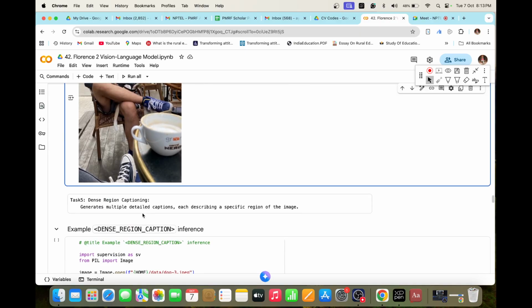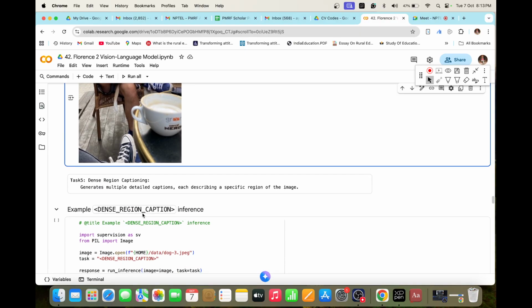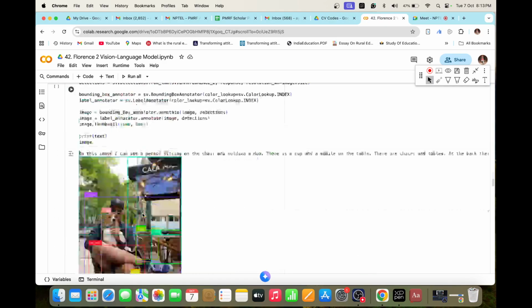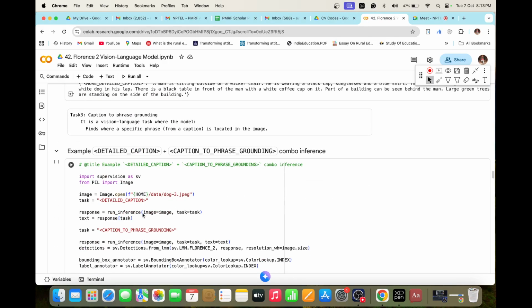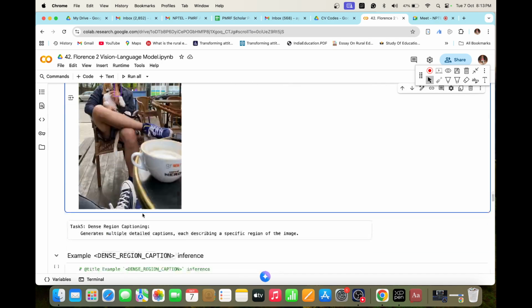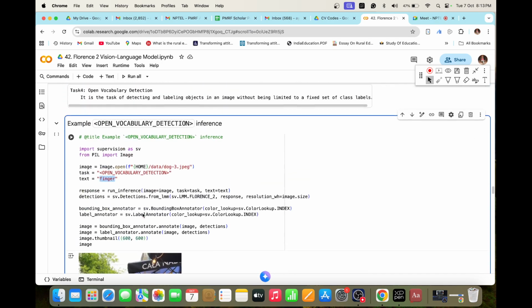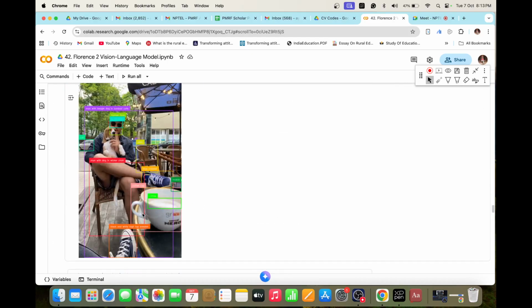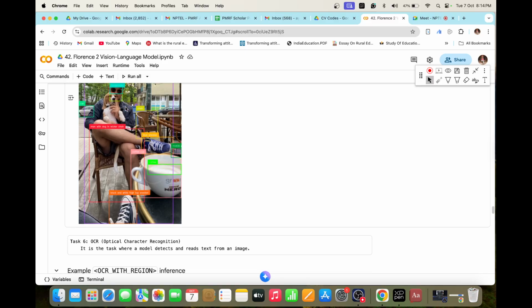Detailed captioning means this whole sentence, but dense region captioning means you can get the dense captioning, like man with the beagle dog in the outdoor cafe. See how detailed the captioning that has been generated is. That also you can do.